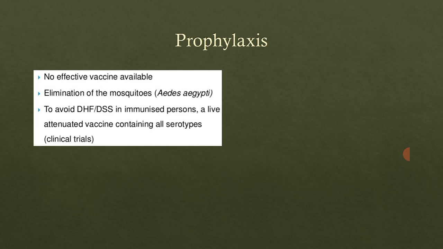Then we saw the morphology. After that we saw the laboratory diagnosis of this dengue virus, the antibody detection and the antigen detection. After that the treatment, and then the prophylaxis or the preventions that we should take.